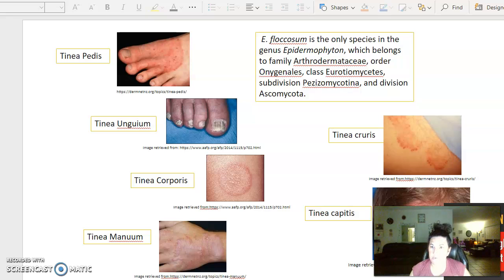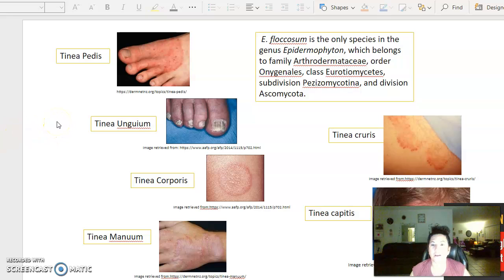E. floccosum is the only species in the genus of the epidermophyton. Recall those that I mentioned in the first slide. They belong to a family called the Arthrodermataceae, pardon my Latin, of the order Onygenales, class Eurotiomycetes. Recall myco refers to fungus.